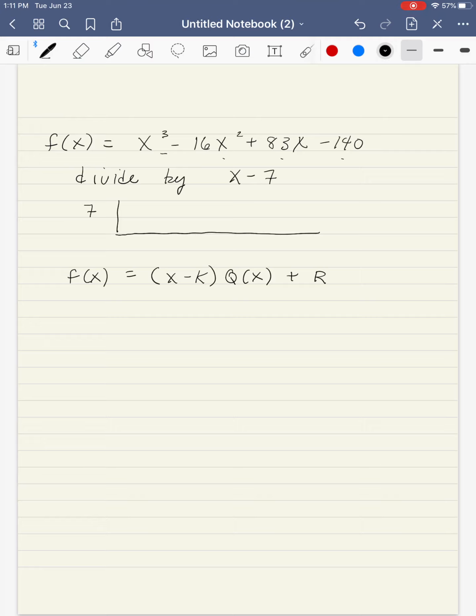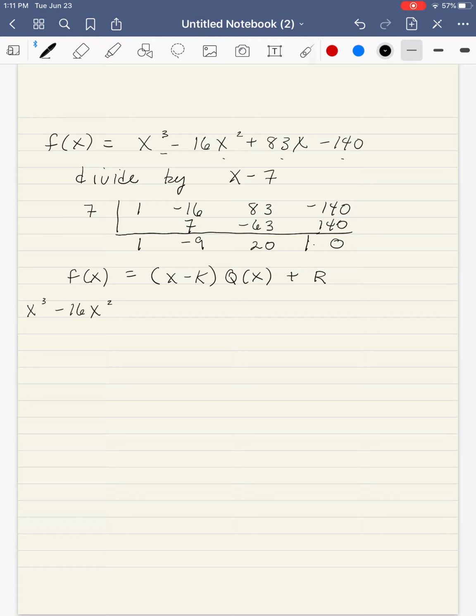Okay, so we have x minus 7. That means we put a positive 7 out to the side here. We have cubed, squared, x, constant. We're not missing any terms, so we have a 1, negative 16, 83, and negative 140. So we drop down the 1 and then we multiply and add all the way across. And we have 0 as our remainder here.